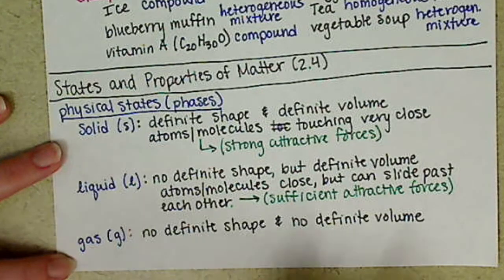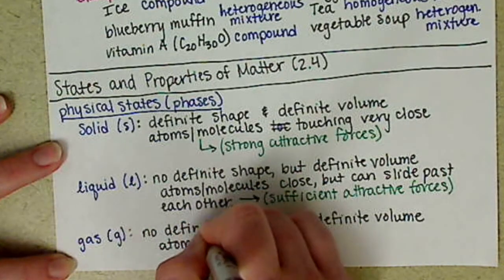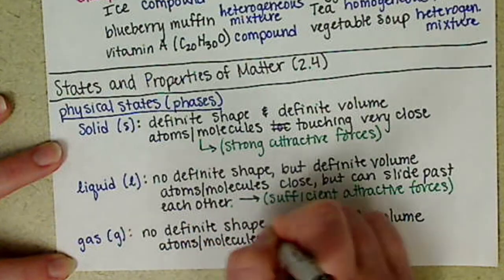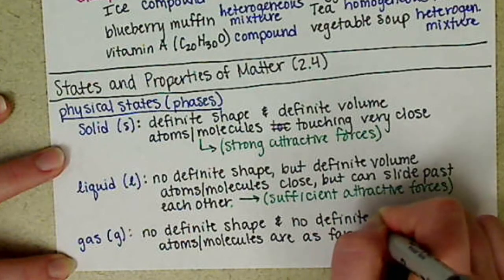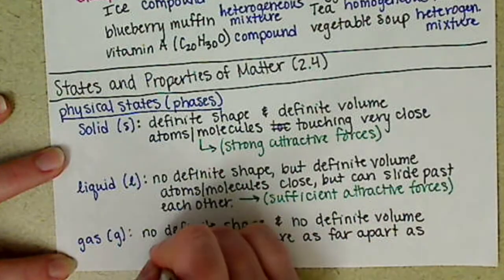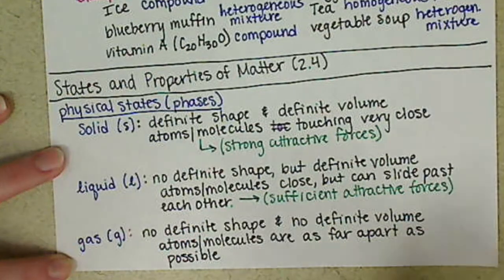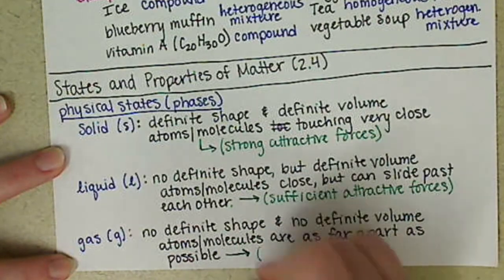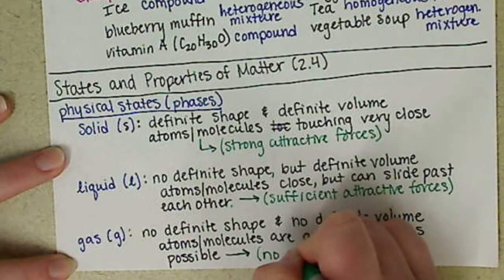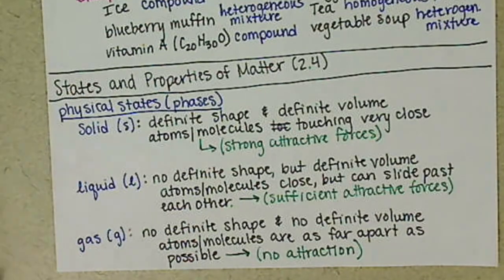They do not want to touch each other whatsoever, and they are free to move around as much as they'd like. So when we talk about gases, there's essentially no attraction there. Those molecules are completely satisfied with being by themselves.